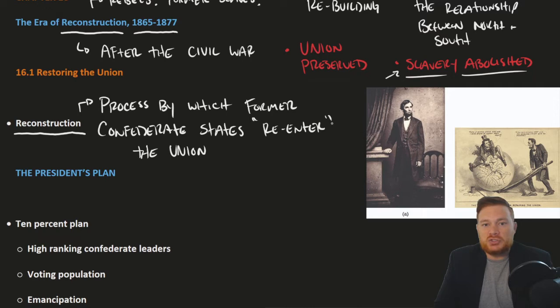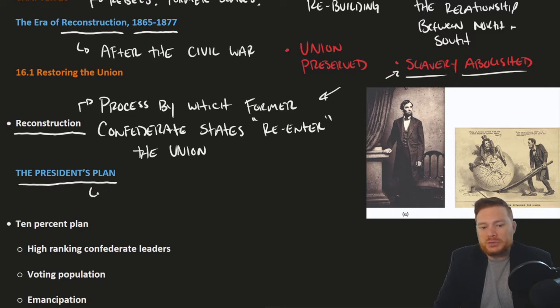When it comes to Reconstruction, there are going to be a couple of plans. That is, getting a little more at the details of this. What are the exact details by which these former states enter? 3 plans in total. The first one is the president's plan.